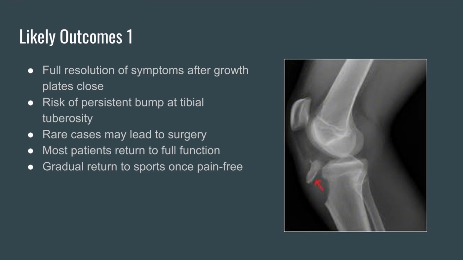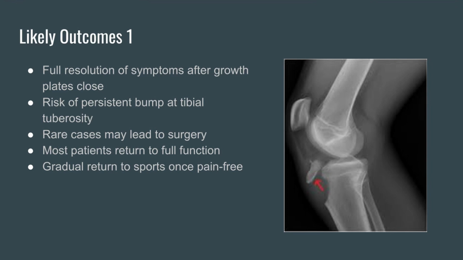And then for likely outcomes, like I said, full resolution of symptoms after the growth plate closes. There is a risk of that persistent bump at the tuberosity, but once that growth plate is closed and your pain goes away, that bump is completely benign. It won't cause any more issues other than just cosmetic and possibly just uncomfortable kneeling.